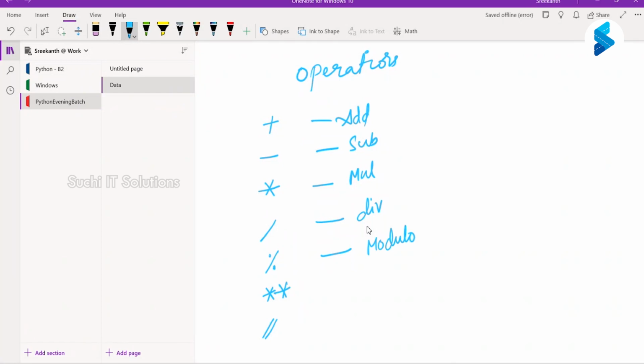But what does it do? What is the difference between a slash and a percentage? Whenever you do a division, you will always end up with two values.